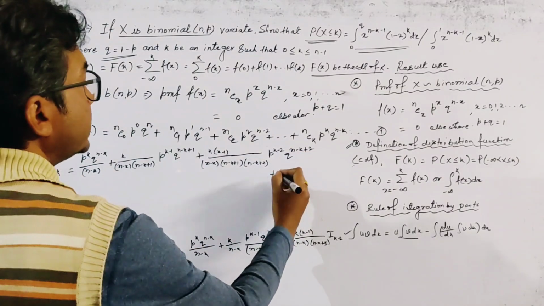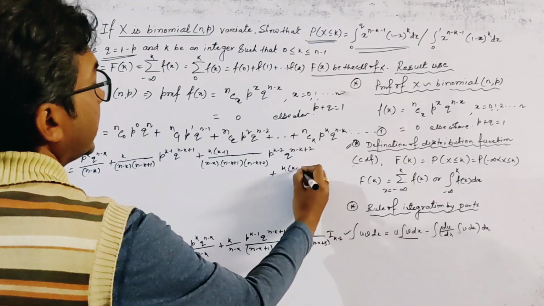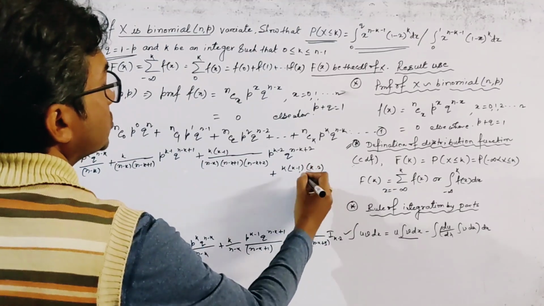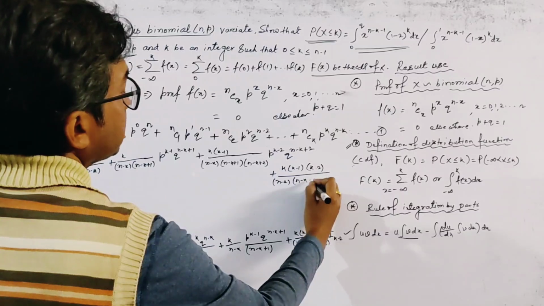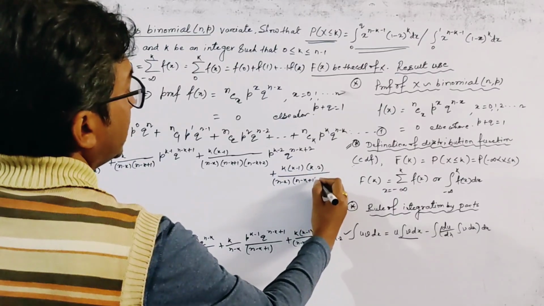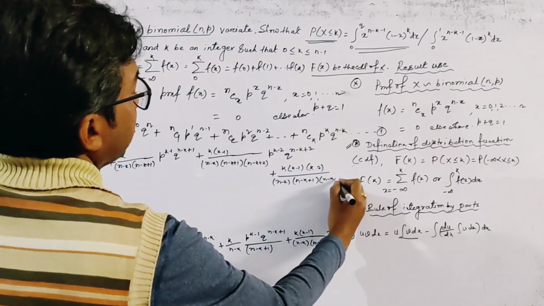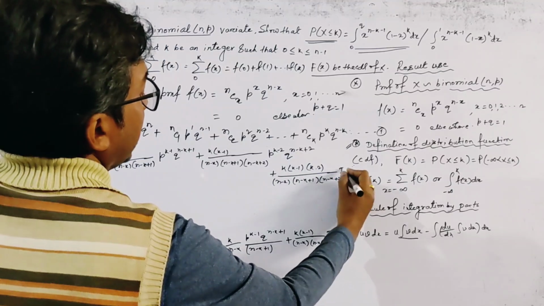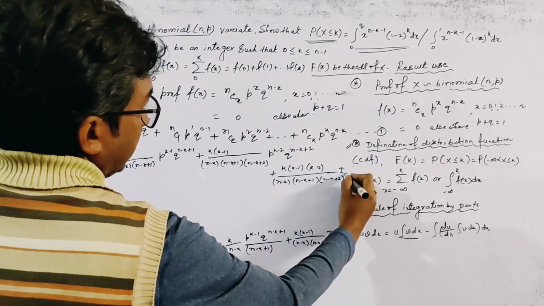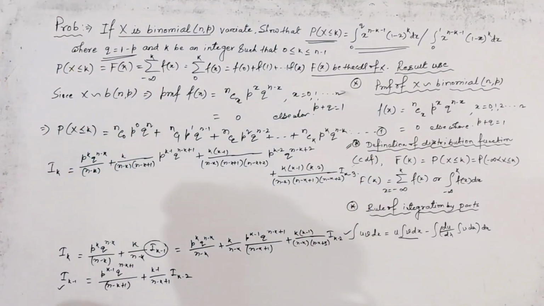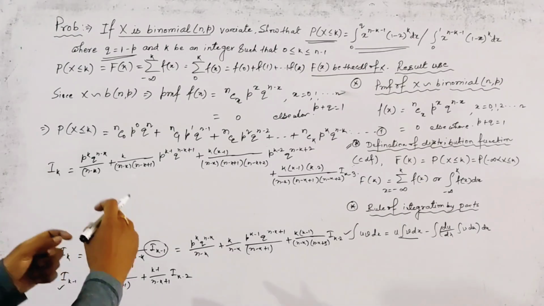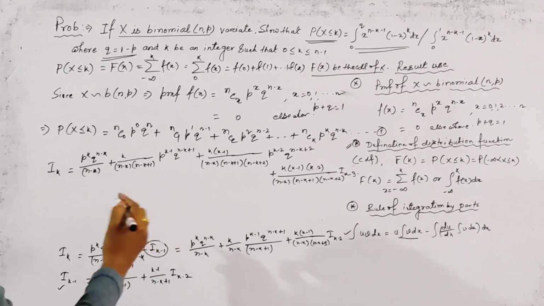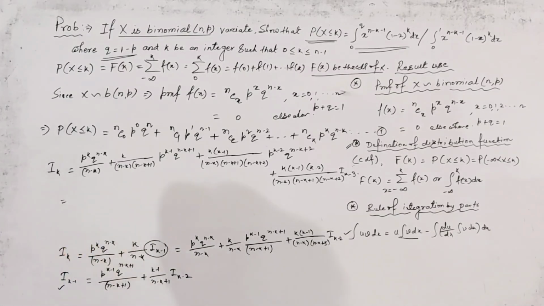And another term is here: this is k into (k minus 1) into (k minus 2) by (n minus k) into (n minus k plus 1) into (n minus k plus 2) into I_{k-3}. Okay, now if we proceed this procedure, then we get the similar result.